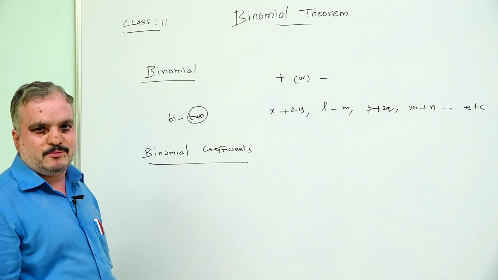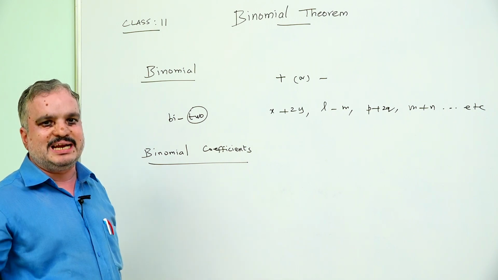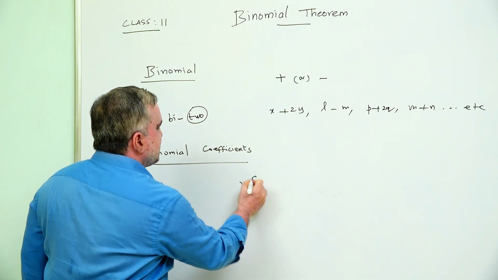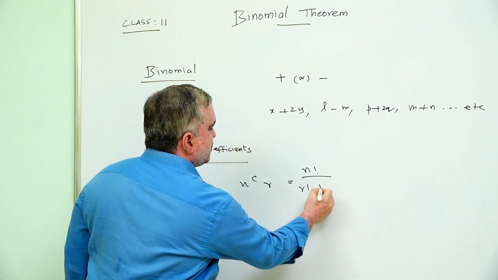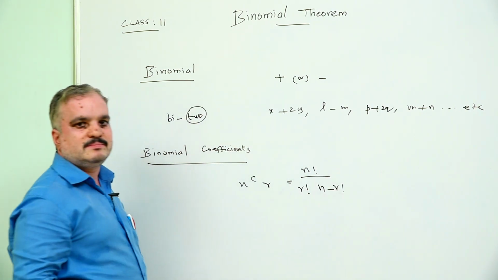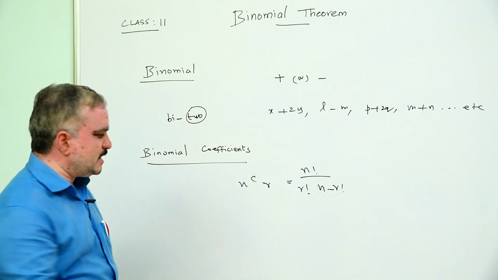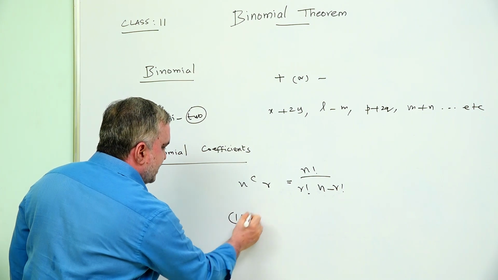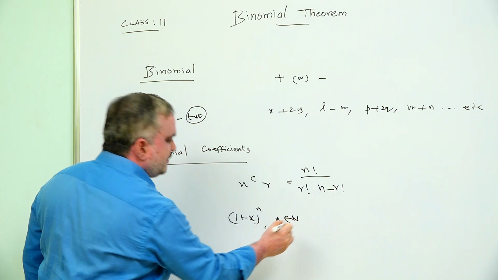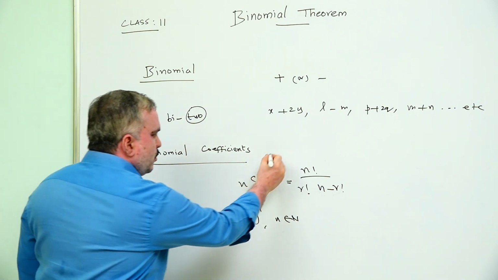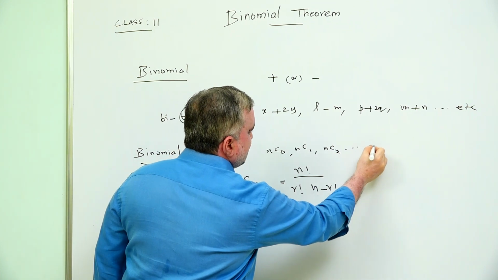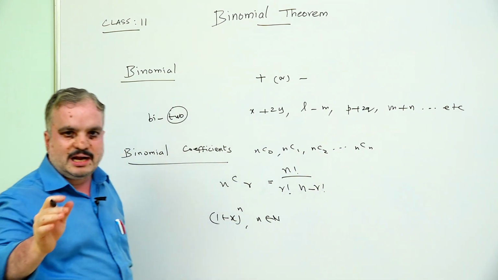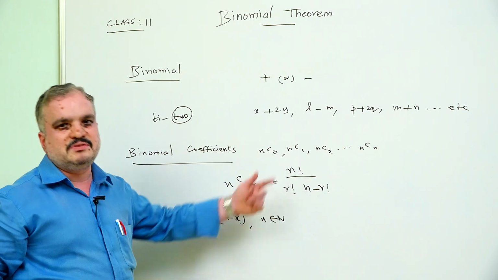In an earlier chapter, we discussed nCr, which is defined as n factorial divided by r factorial into n minus r factorial. The expansion of 1 plus x whole power n has the terms nC0, nC1, nC2, etc., nCn, which are called binomial coefficients.